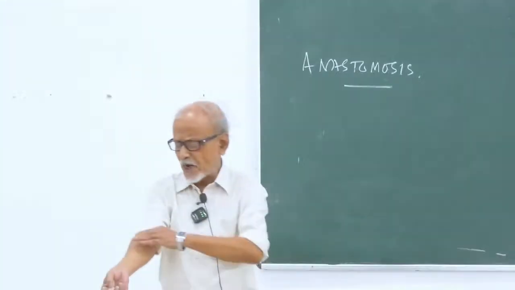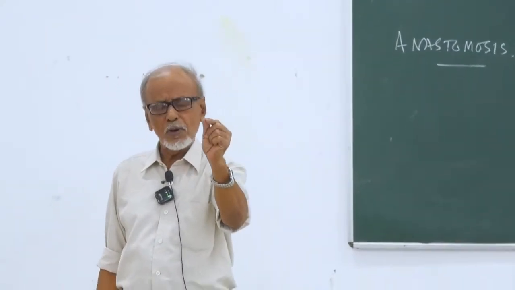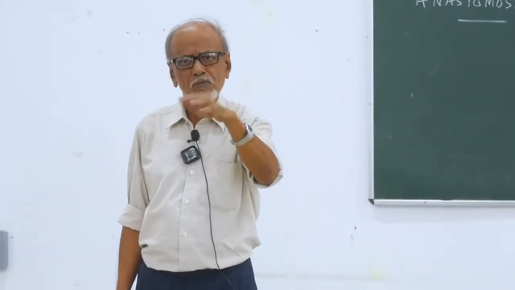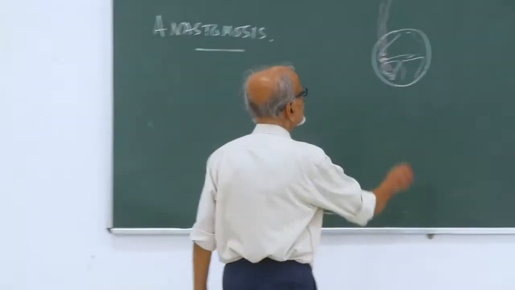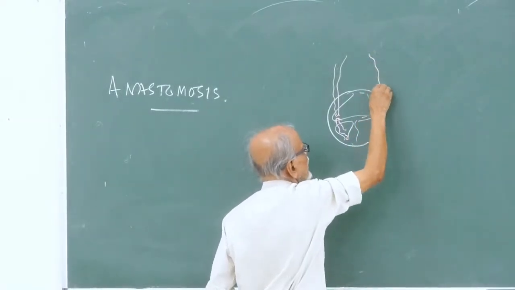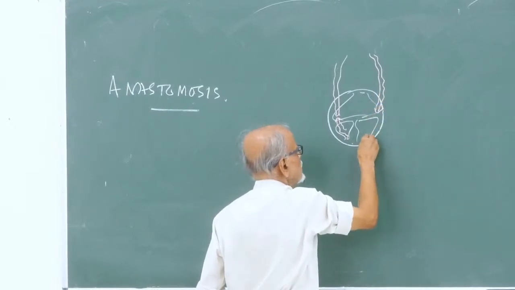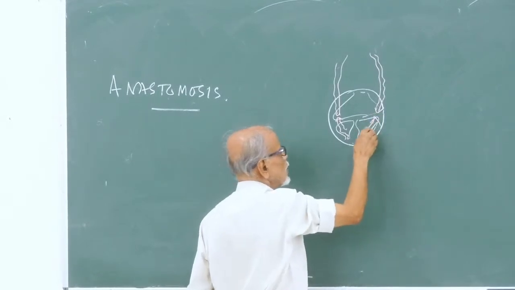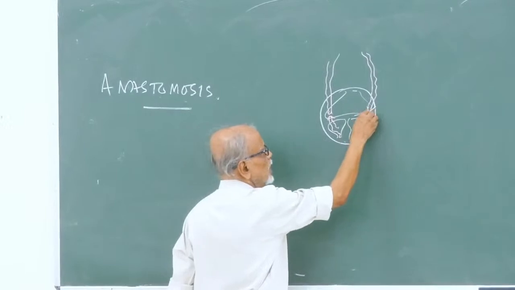Just lateral to the elbow joint, a branch is coming down from above, and a branch is going up from below. Similarly, in relation to the medial epicondyle, you will find a branch coming from above like this, and a branch going up from below like this, and they will be intercommunicating.